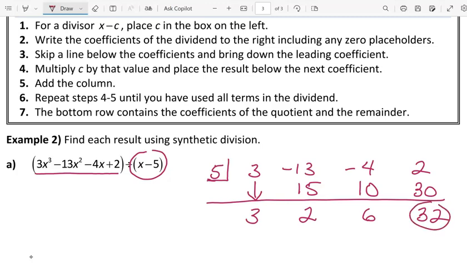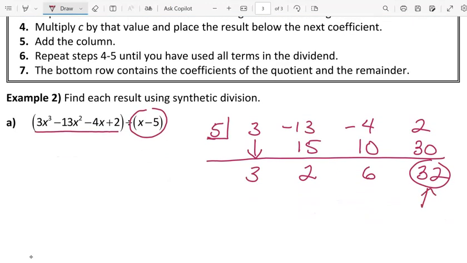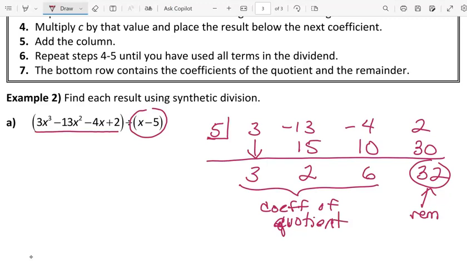Okay, so what did we just find? The 32 is the remainder, and the 3 and the 2 and the 6 are the coefficients of the quotient. So now we need to place the variables back in there.